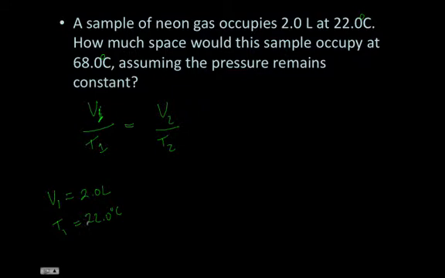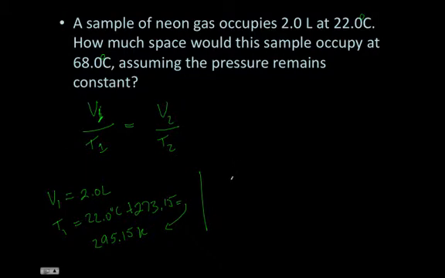And right there, a little flag should go off in my head. That is in Celsius. I want that to be in Kelvin. And so to make it Kelvin, we're just going to add 273.15. And if my math is right, that would be 295.15 Kelvin. So that's my new T1, 295.15 Kelvin.